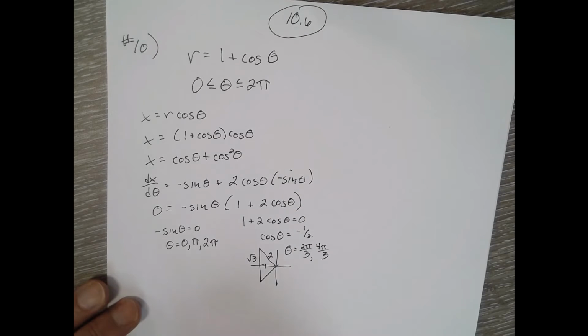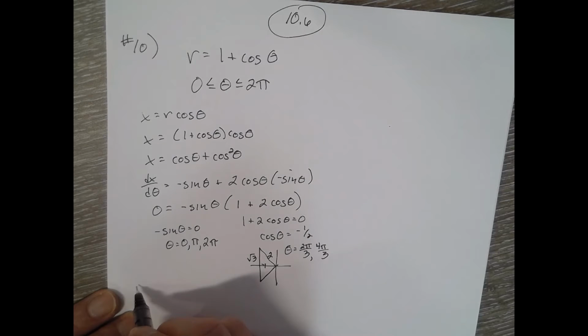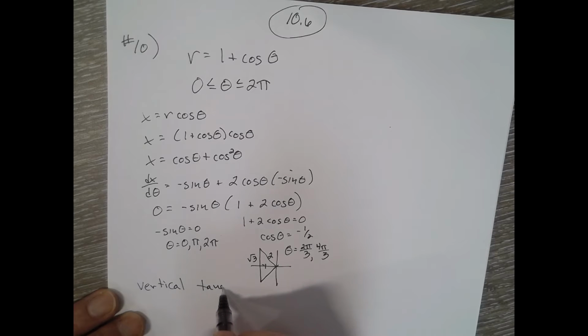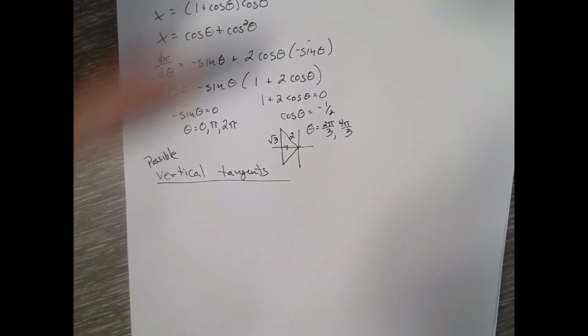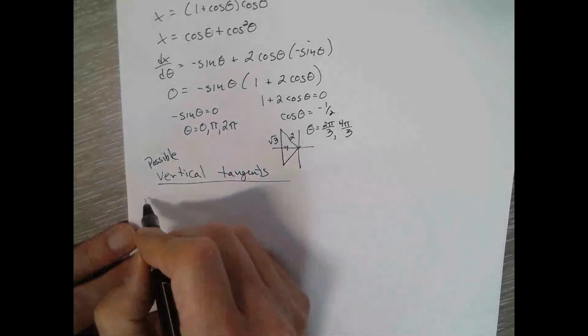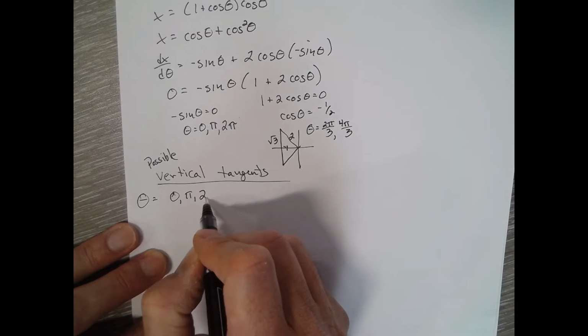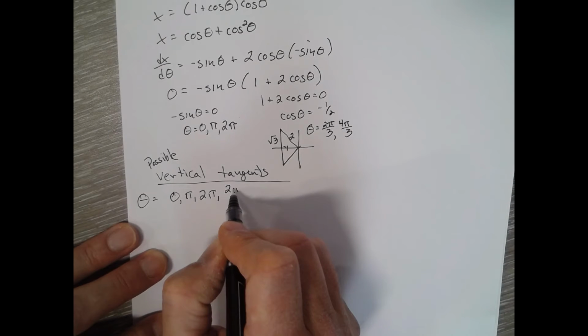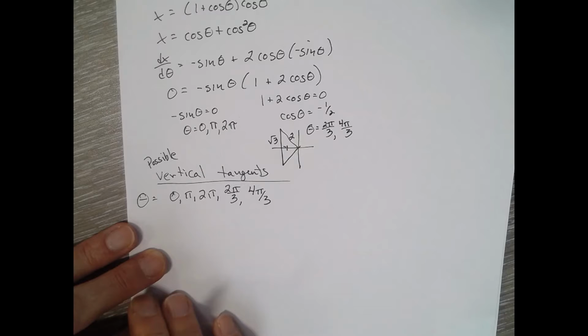Alright, so those are possible vertical tangents. So right now we've got theta equal to 0, pi, 2 pi, 2 pi over 3, and 4 pi over 3. Those are your possible vertical tangents.